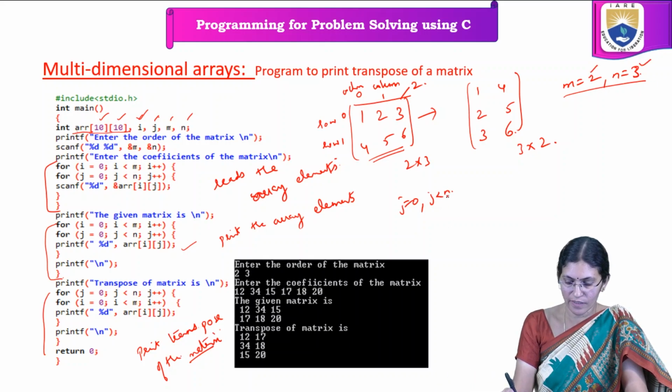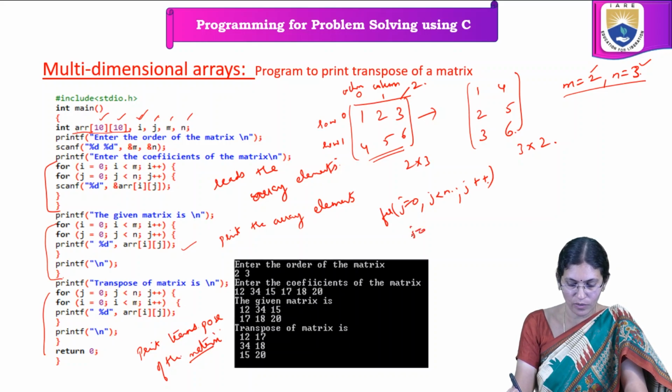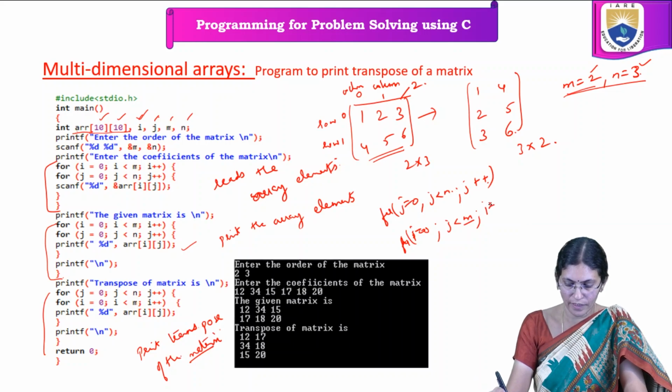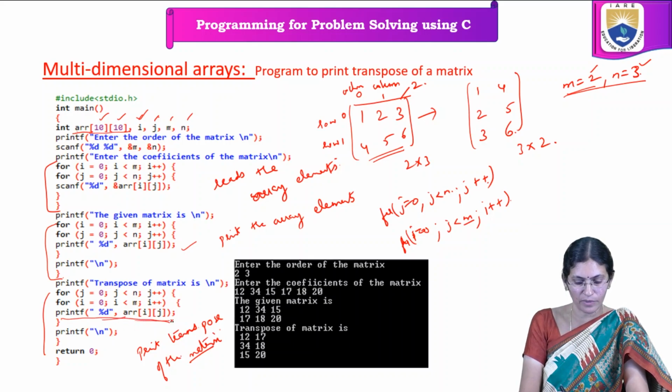So j is equal to 0, j less than n, and then j plus plus. This is the outer for loop, and inside the inner for loop we are taking the variable I is equal to 0, I less than m. This specifies the number of rows here, then I plus plus. So directly this printf statement will print the array elements.